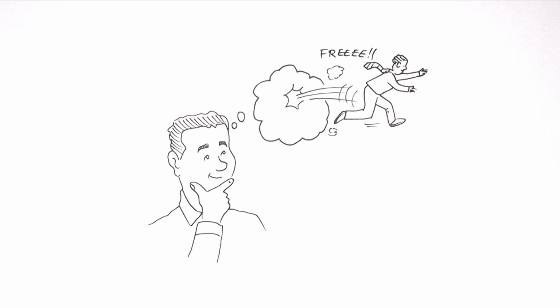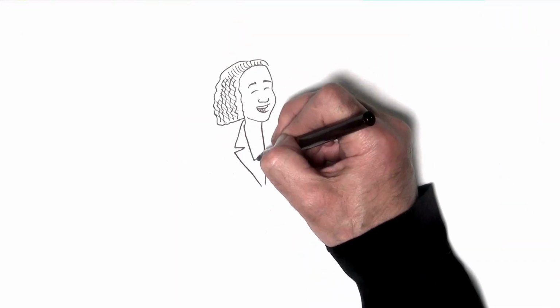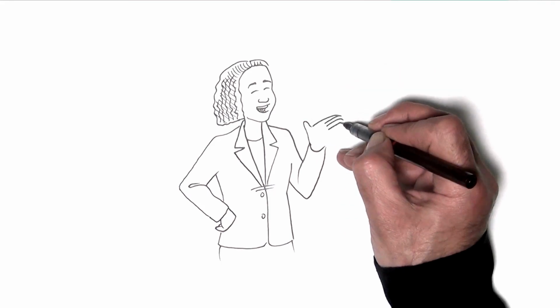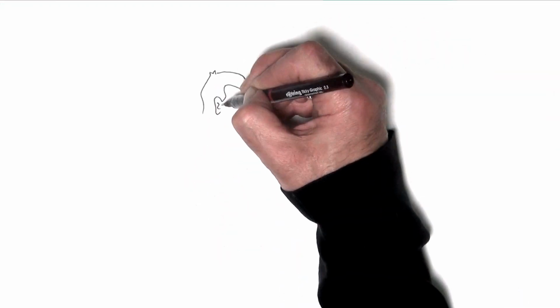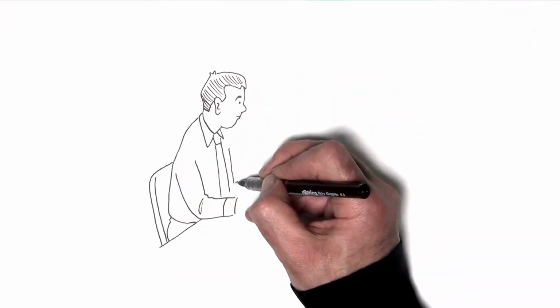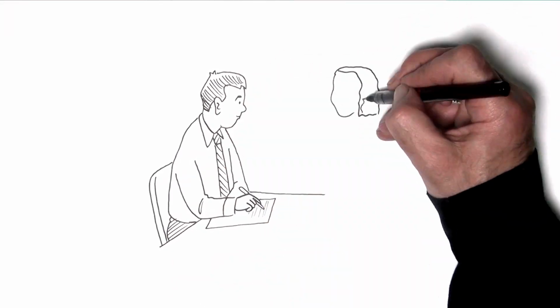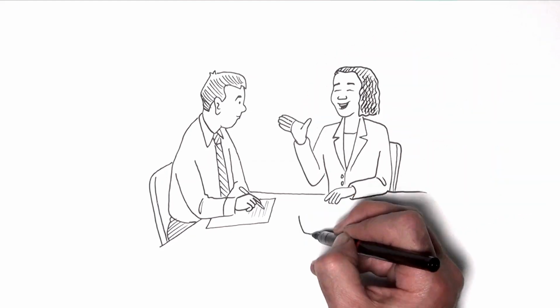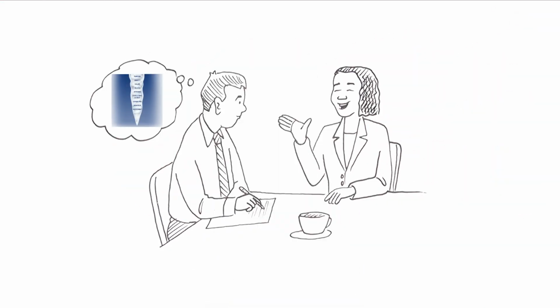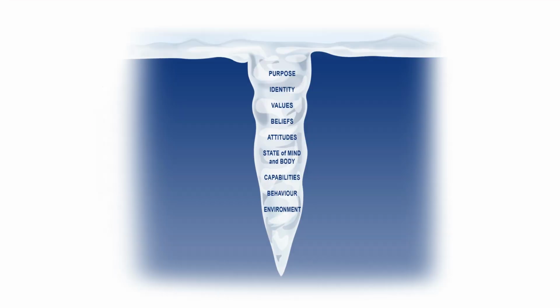Modelling by example comes from a simple belief that somewhere in our organisation, somebody will be great at what they do. And if we want more people to be great at the same task, we should get them in, sit them down, explain we're going through a modelling excellence process, and take them slowly through the icicle from the bottom up. When you start at environment, it's the soft stuff.